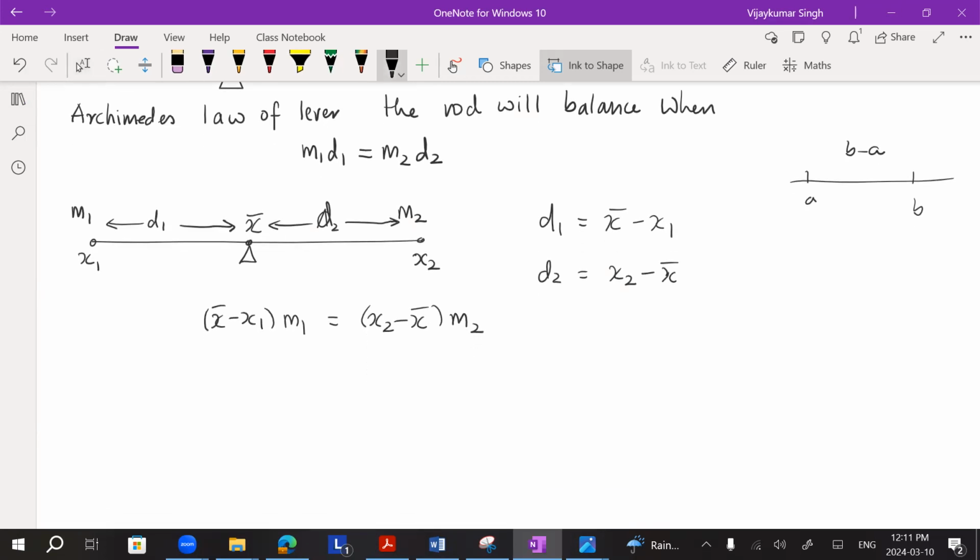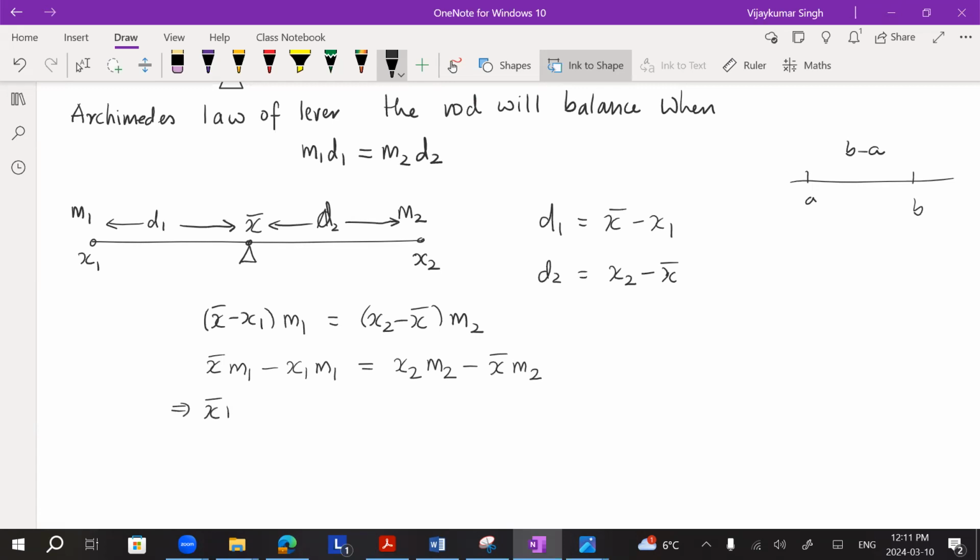So we can bring them on one side. So we have x bar m1 minus x1 m1, and x2 m2 minus x bar m2. Now bring the ones with the x bar on one side, because we are solving for x bar.